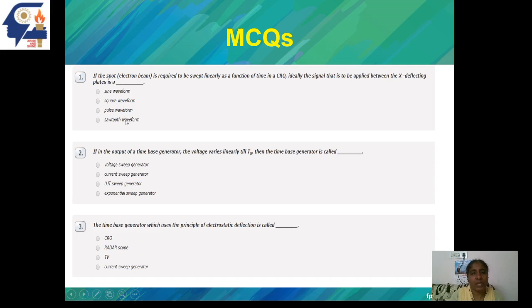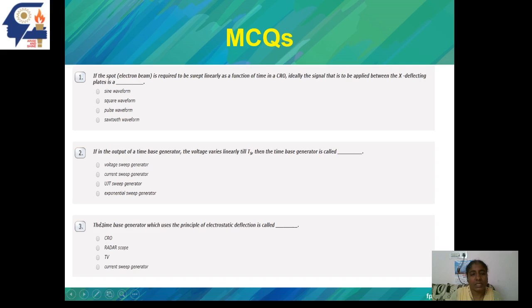So in order to have the beam sweep on the screen, we should apply a sawtooth waveform for generating time-based sweep waveforms. Second question, if in the output of a time-based generator the voltage varies linearly till Ts, then the time-based generator is called a voltage sweep generator. The output voltage varies linearly, so the circuit is a voltage sweep generator.